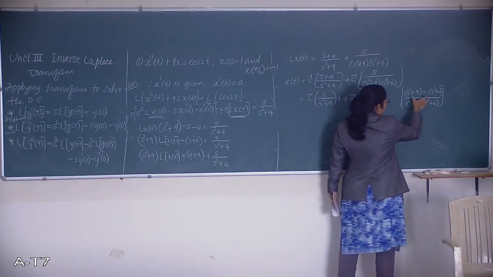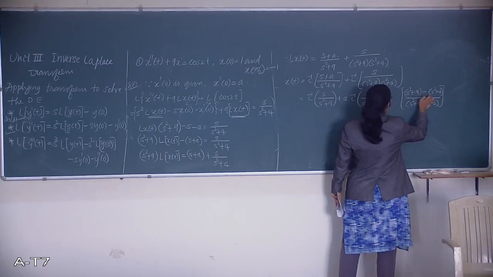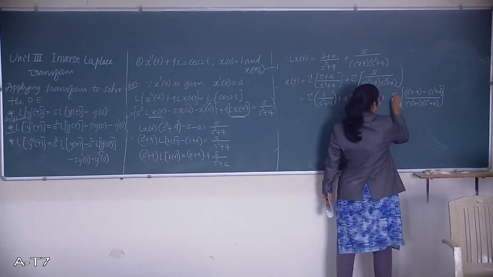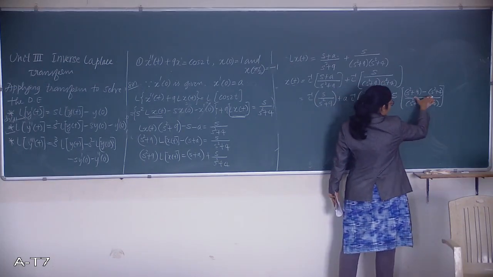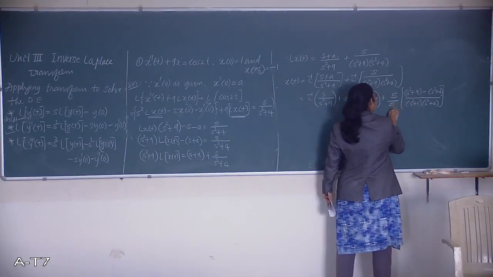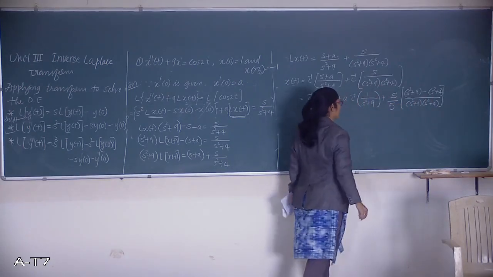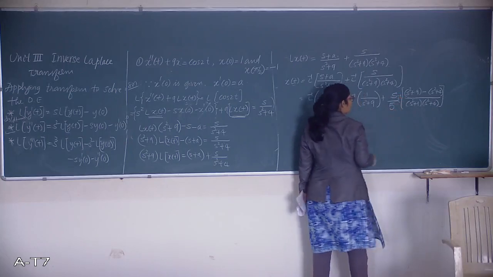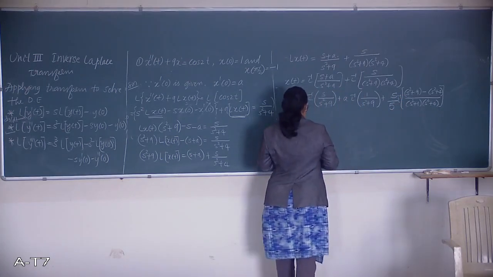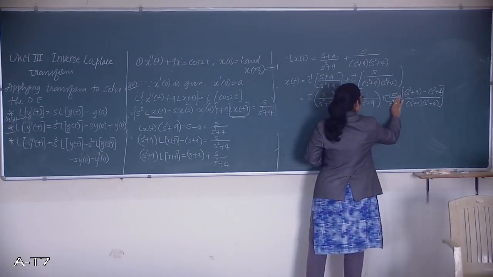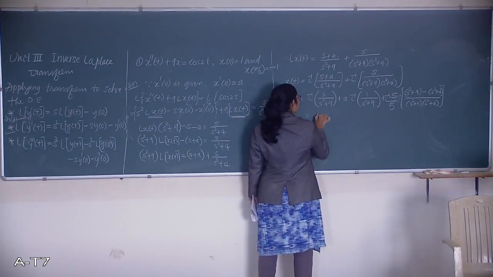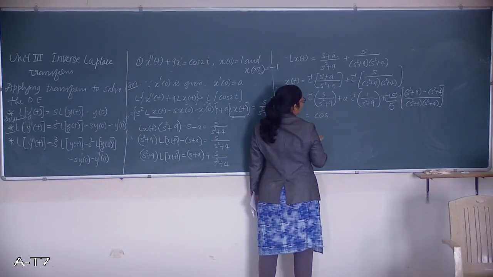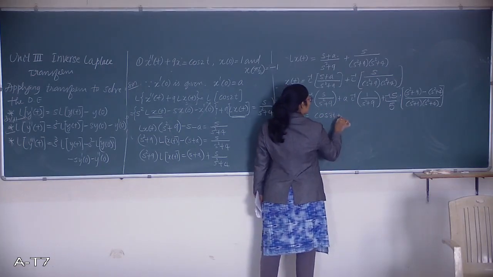If you balance here, L inverse, the first one is what? Standard formula if you apply for this, this is cos 3t.